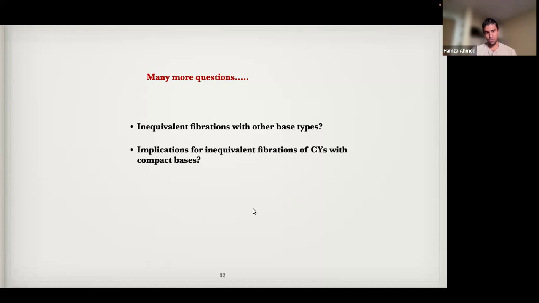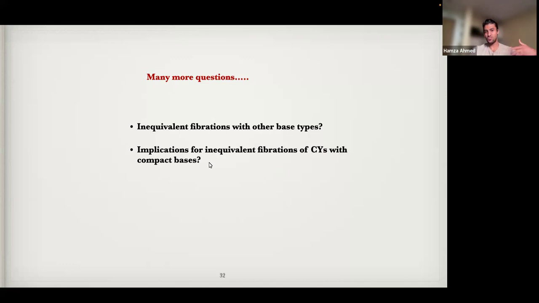The other thing that would be interesting would be to see if this has implications for inequivalent fibrations of Calabi-Yaus with compact bases. In our constructions, the way we construct these Calabi-Yaus is by taking a compact Calabi-Yau and then taking its decompactification limit. It would be particularly interesting to look at the case of compact bases from the physics perspective, because then the physical theory is not a supersymmetric gauge theory, it's a supergravity theory.